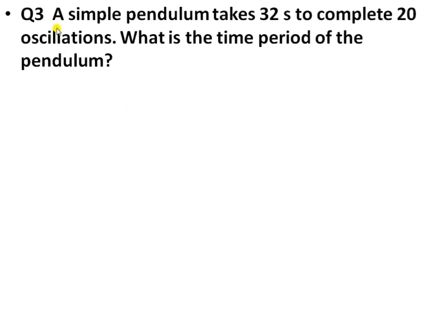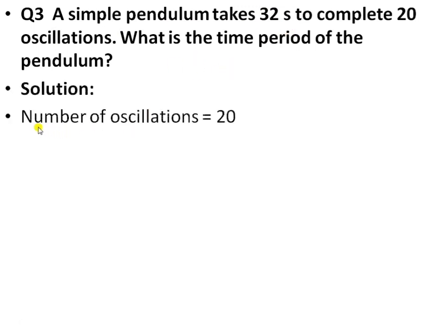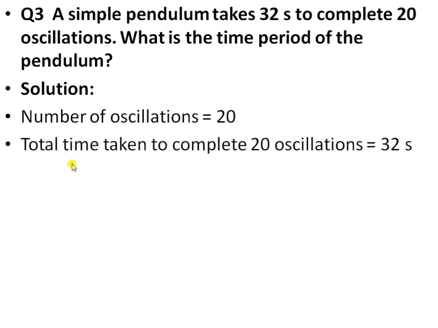Next, question number 3. A simple pendulum takes 32 seconds to complete 20 oscillations. What is the time period of the pendulum? The number of oscillations is 20, and the total time taken to complete these 20 oscillations is 32 seconds.